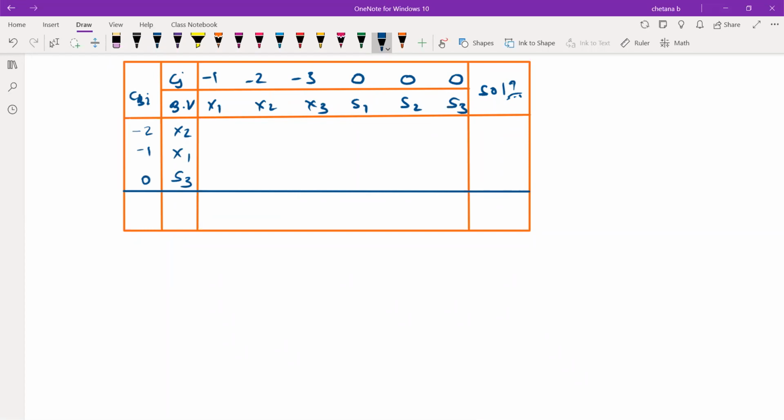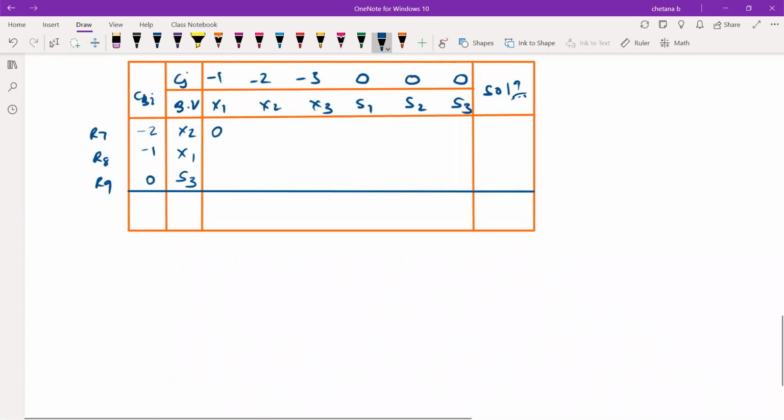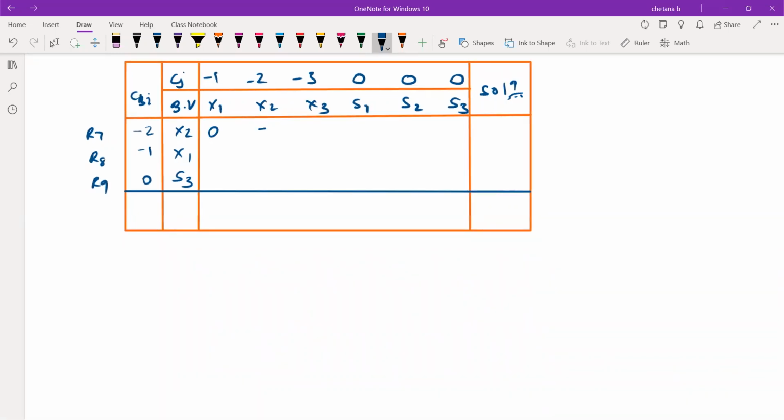Again, for R7, R8, R9. For R7, you should divide by -1. So 0, +1, -1, 0, 0, 0, and 2.